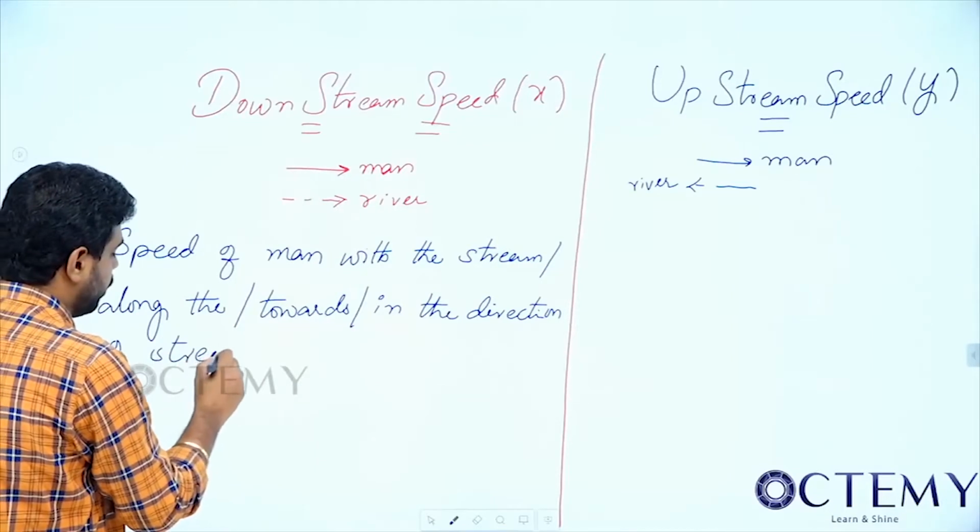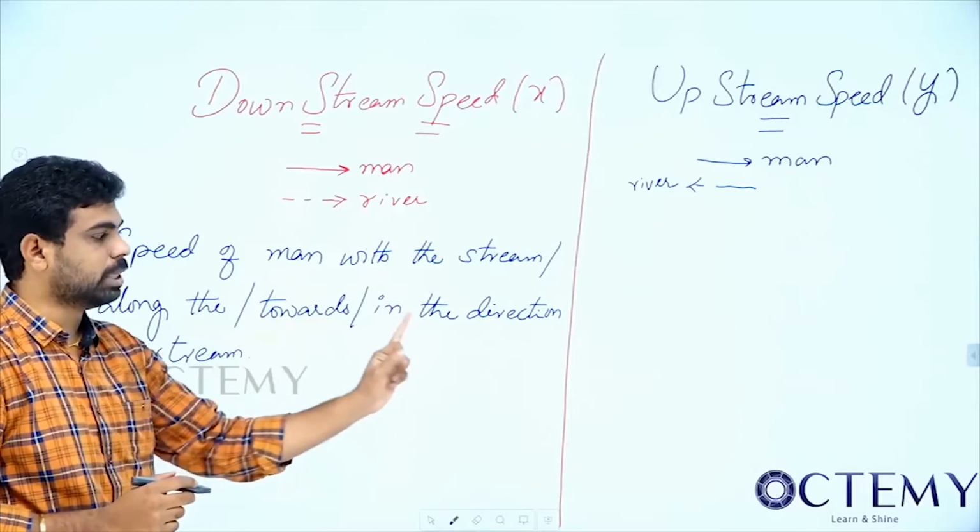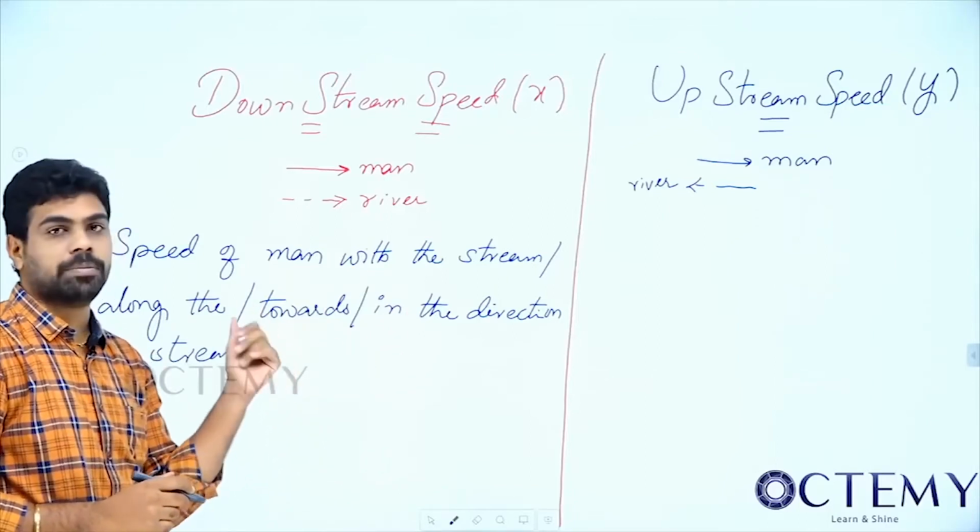If you find these words, along with the stream, along the stream, towards the stream, in the direction of stream, then it is nothing but downstream speed.